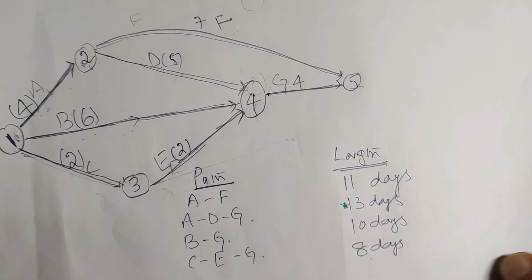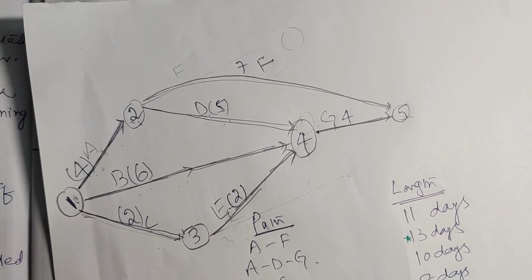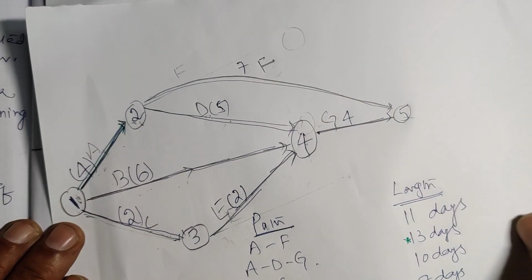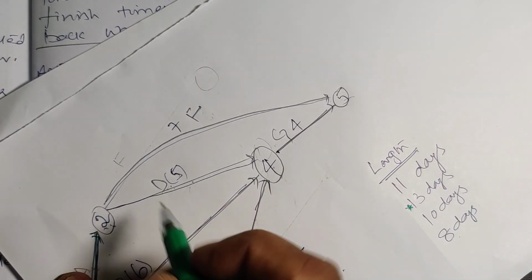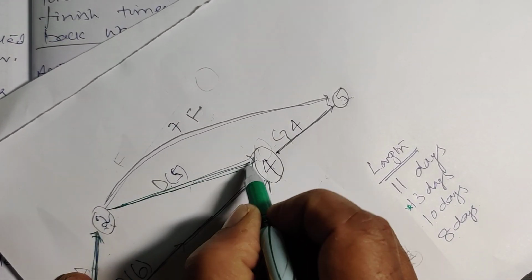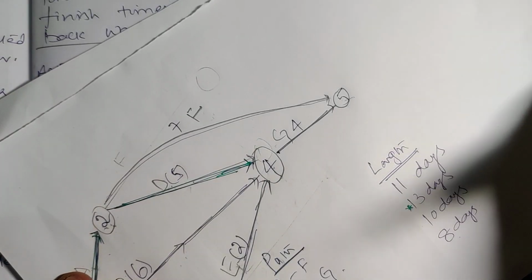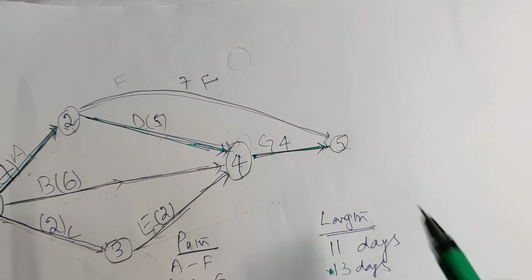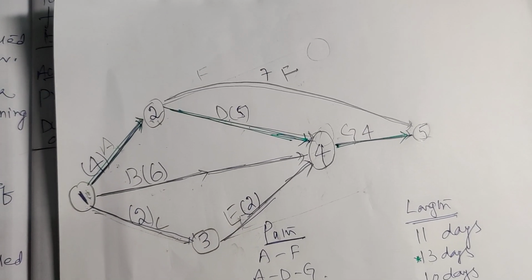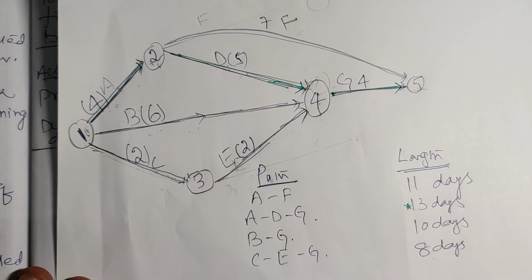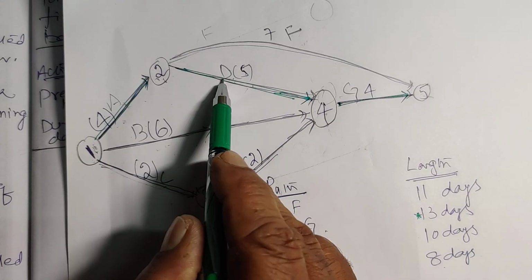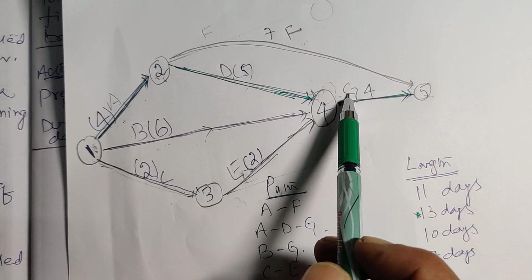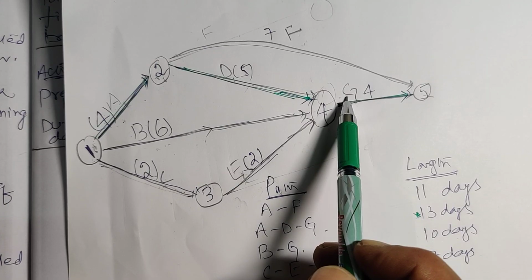And see how I am writing the critical path: A, D, and G. This is the critical path, and the activities on it are called critical activities.